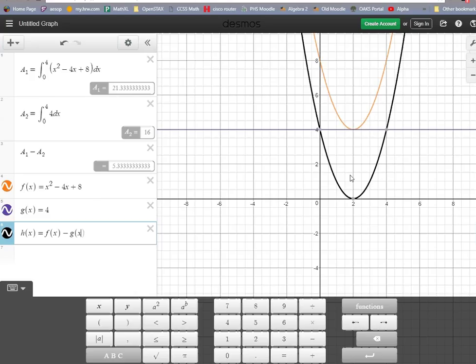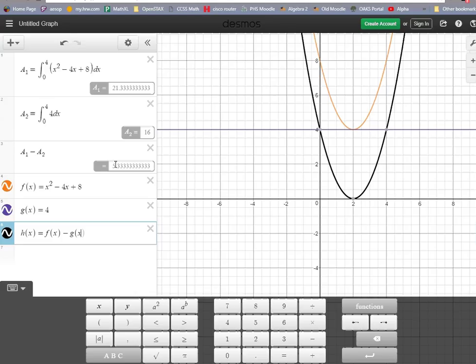Well, there's h of x. So the area between the orange and purple graphs is the same as the area under the black graph. Now we can see that because the purple graph was linear, that just amounts to a translation, doesn't it?